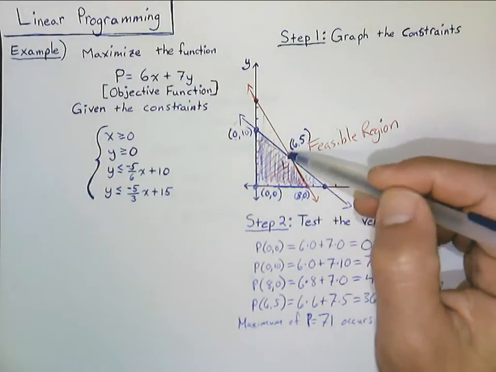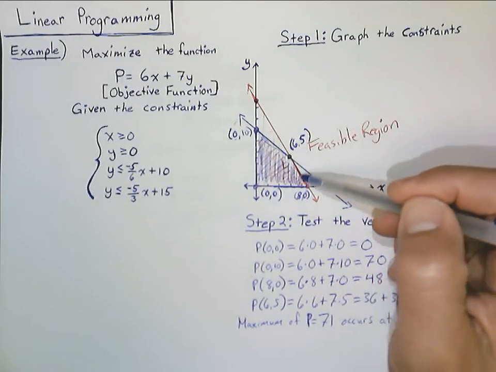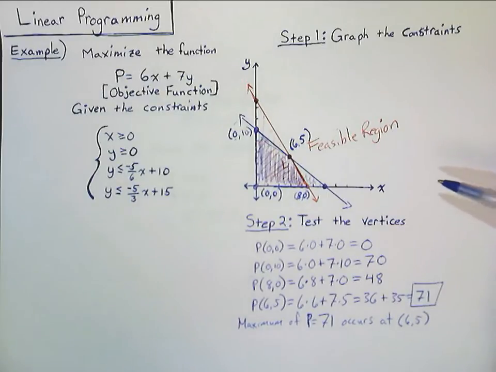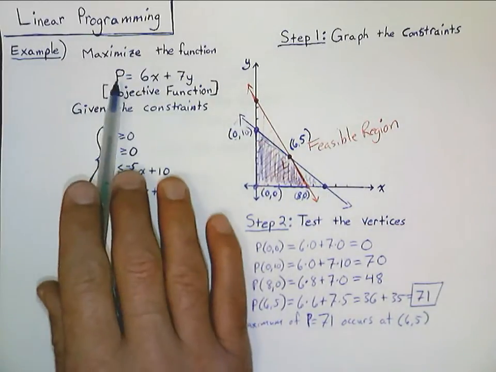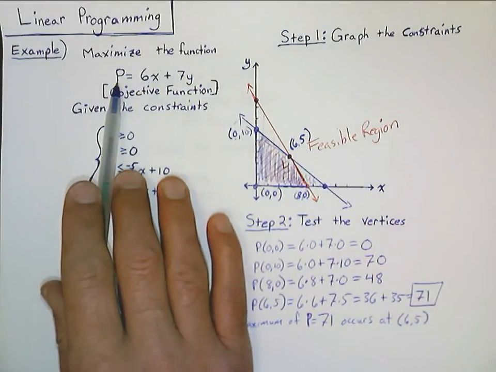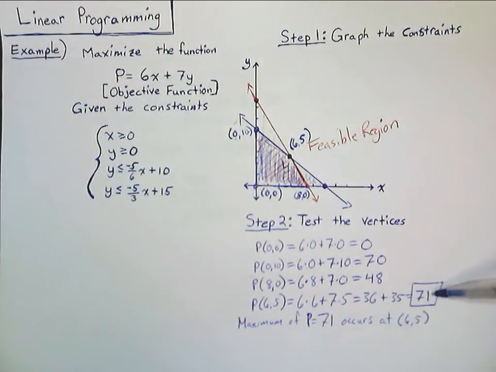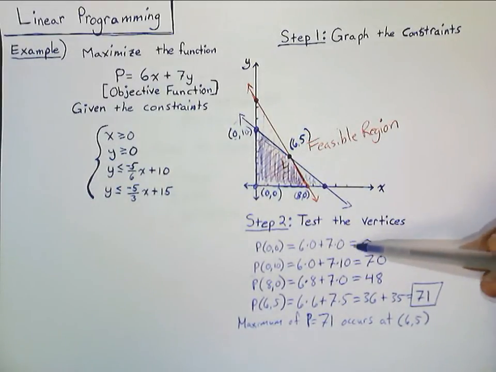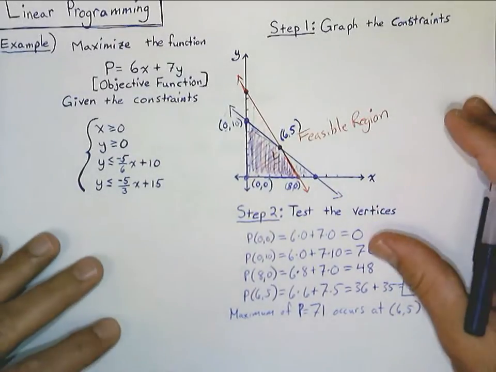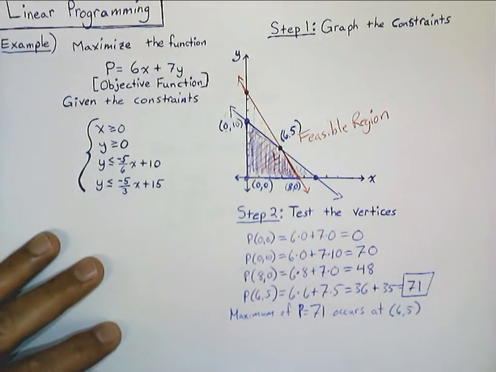Once we've graphed it, we figure out what the vertices of the feasible region are, and we check the value of the objective function at each of those vertices. The biggest one will be the maximum value, the smallest one will be the minimum value. So the minimum value of p for this particular feasible region is 0, the maximum is 71, and that maximum of 71 occurs at (6, 5).